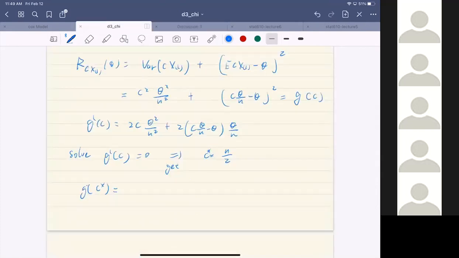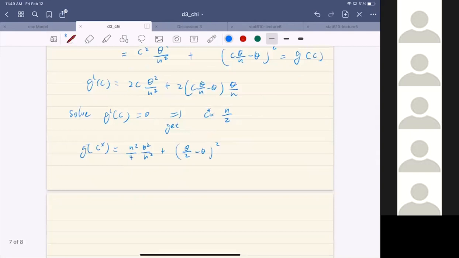So it should be n squared over 4 times sigma square over n square plus, plug it here, so it should be sigma divided by n minus theta square. Cancel these two. So it can be sigma square over 4 plus 4 equal to 2 square.